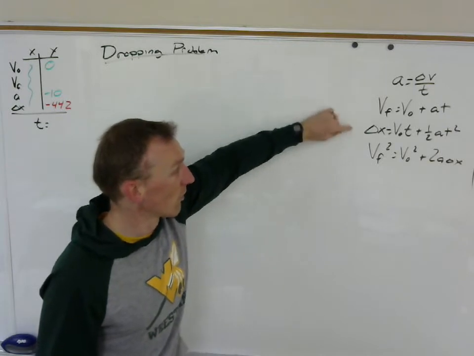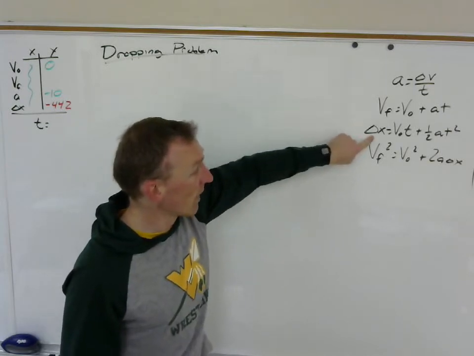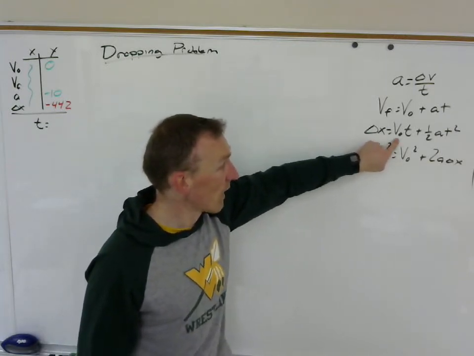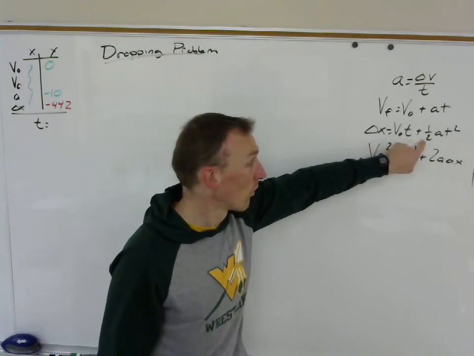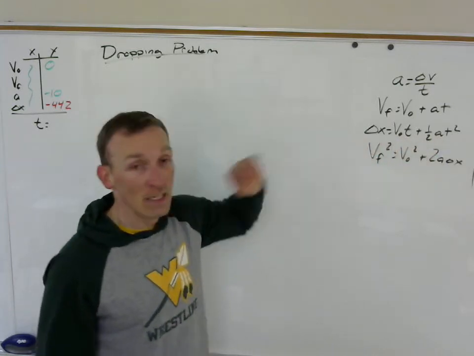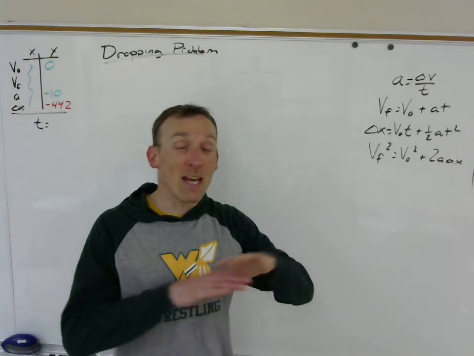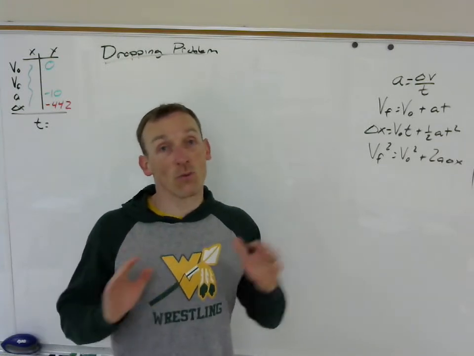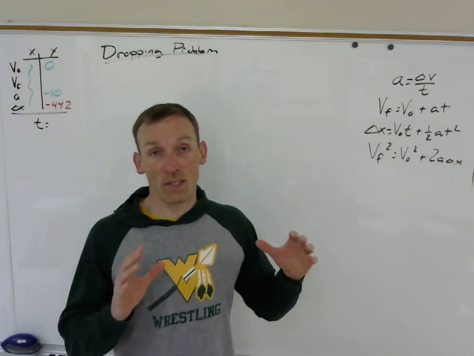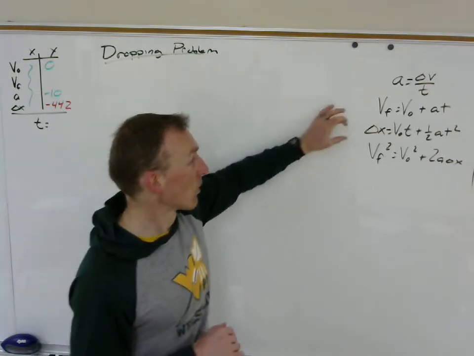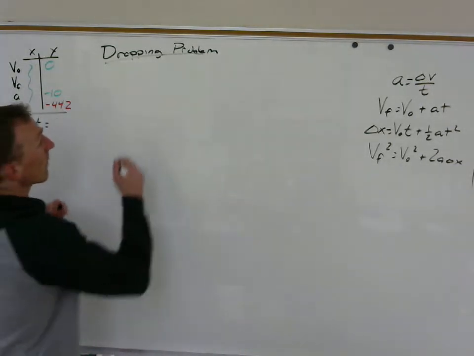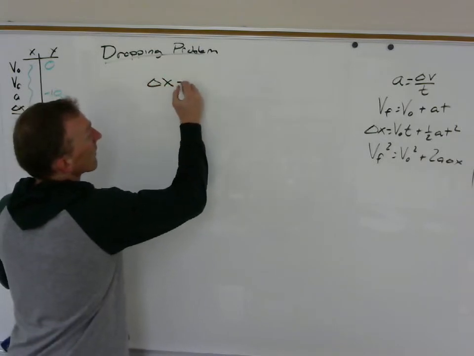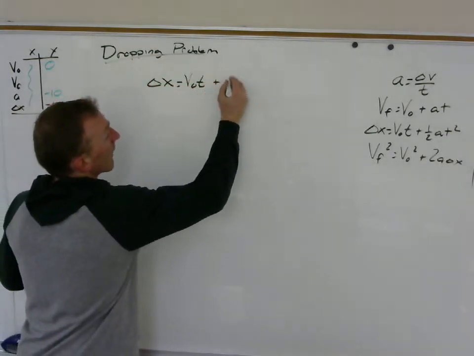Now we have our change in x, how far it fell. We have our initial velocity. We don't have time. 1/2, and we have this. All right. Again, another key is remembering we should never have a quadratic. If we do, then there's another route that we need to go because we're not going to solve any using quadratics. So in this case, all right, I go ahead and I rewrite my equation, and then I plug the numbers in.